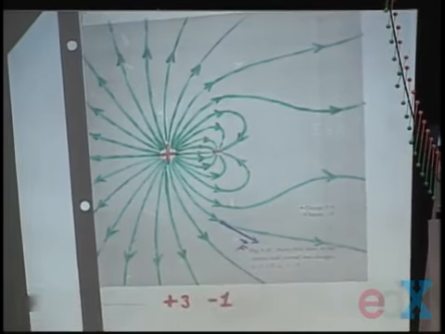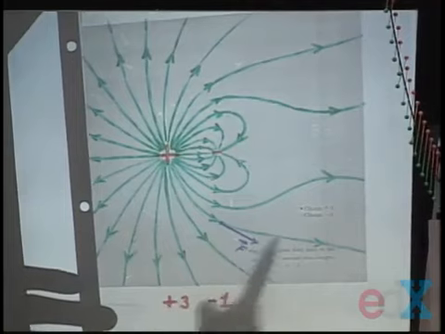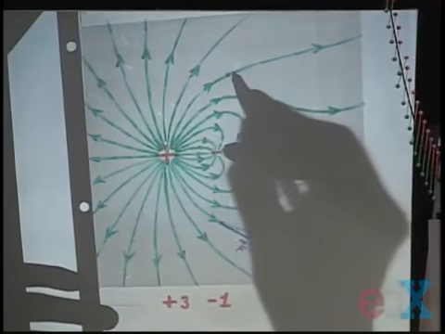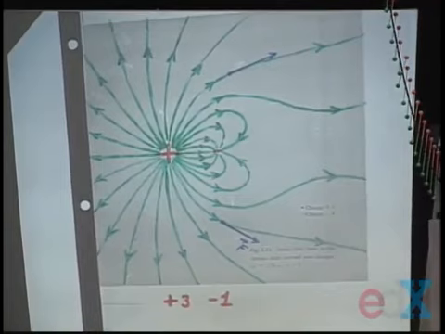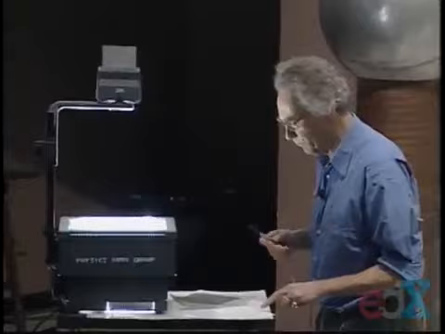That is the meaning of these lines. So if I'm here, the force will be in this direction. If I put a positive test charge here, the force will be in this direction. And of course, if it's a negative charge, the force flips over.